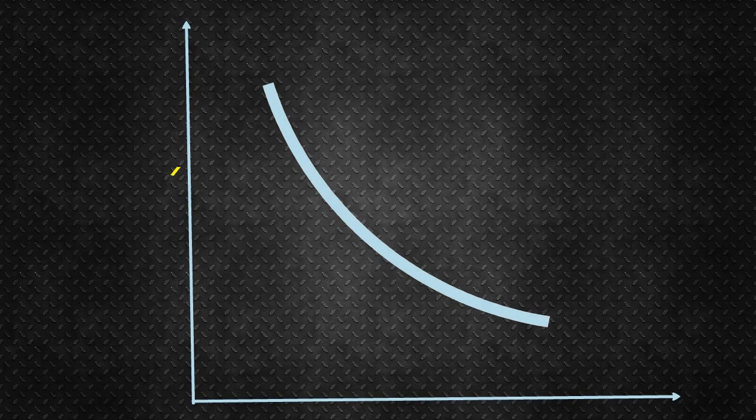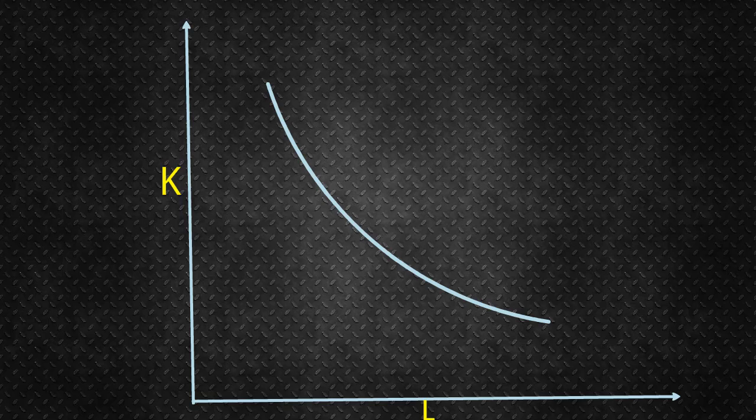Now we are going to discuss the relationship between the CES production function and the Cobb-Douglas production function. CES production functions are those production functions which have a fixed elasticity of substitution in their entire range. In other words, any instant point of this curve has the same elasticity of substitution.